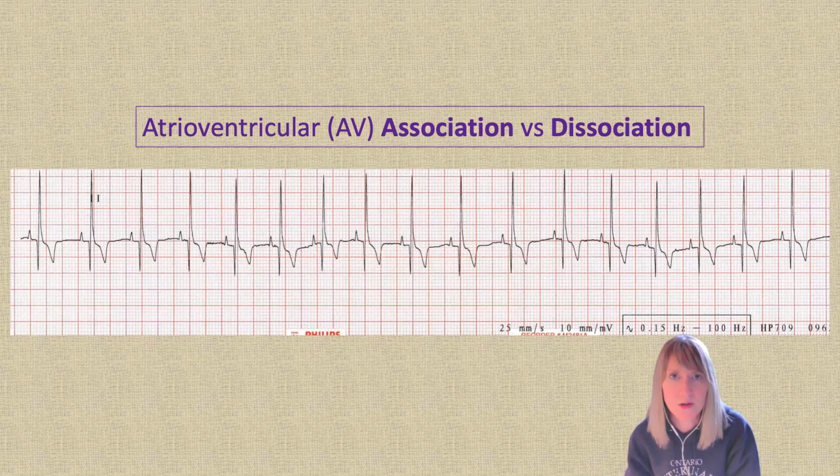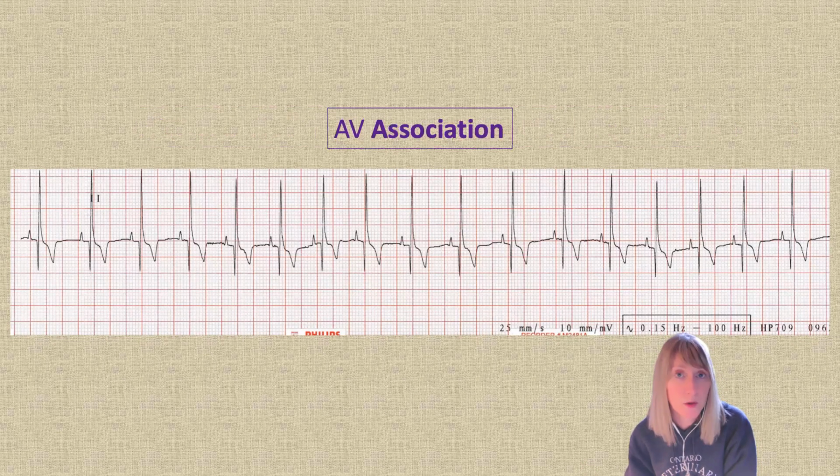So we'll start to explore this concept by using this normal ECG from a boxer dog. And what I want to show you first is AV association. That is in the setting of a normal sinus rhythm, which this ECG is. The atria and the ventricles have coordinated activity.